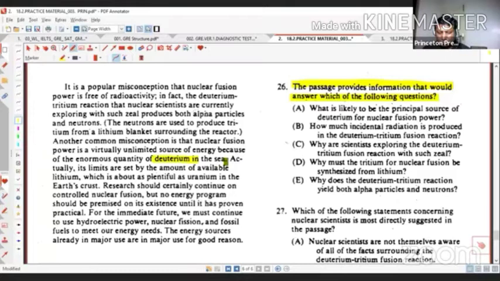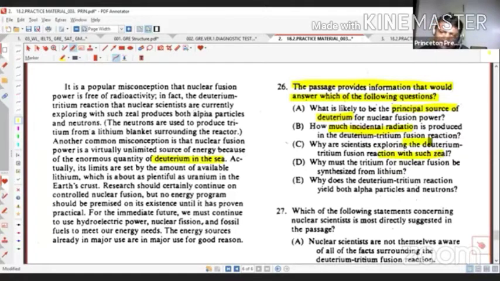Okay, it's mentioned. Where is it found? Principal source is where? In the sea. Okay, it's mentioned. Let's see the other one. How much incidental radiation is produced in the deuterium, tritium fusion reaction? Did they mention the quantity? No. Why are scientists exploring the deuterium reaction with such zeal? No, that's not mentioned.